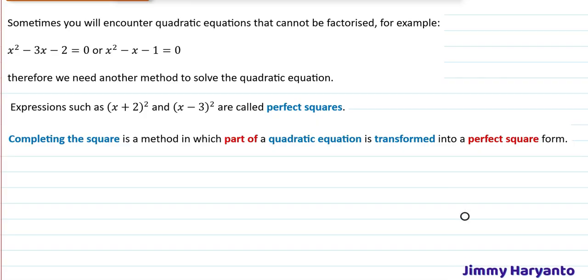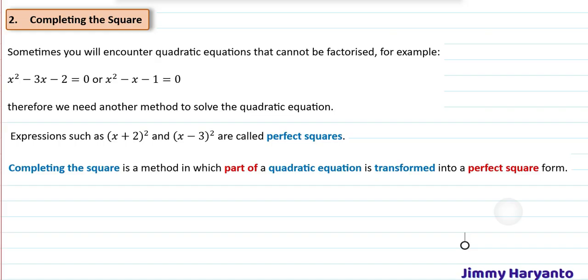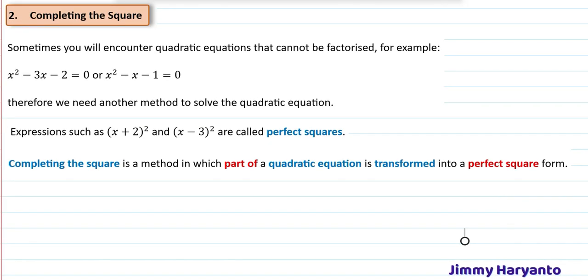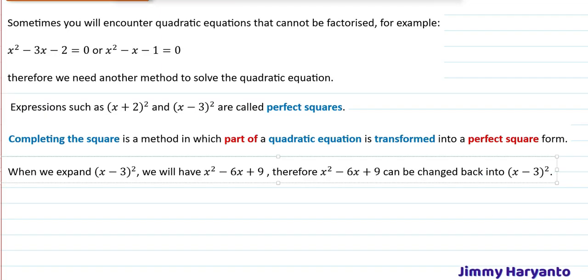And then completing the square is a method in which part of the quadratic equation is transformed into perfect square form. So to solve the quadratic equation that cannot be factorized, you have to make the expression into a perfect square.